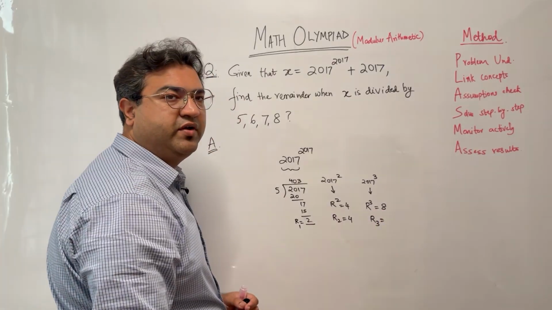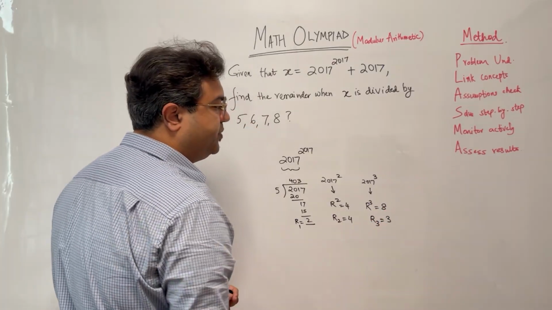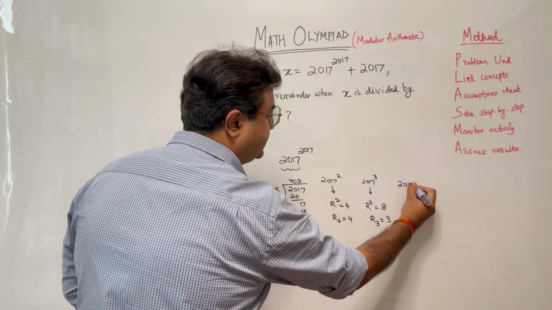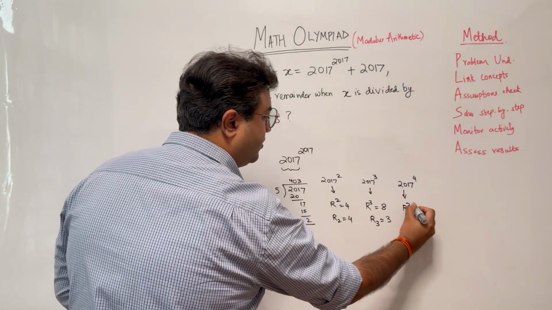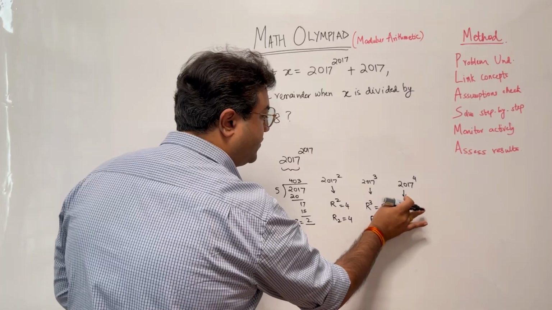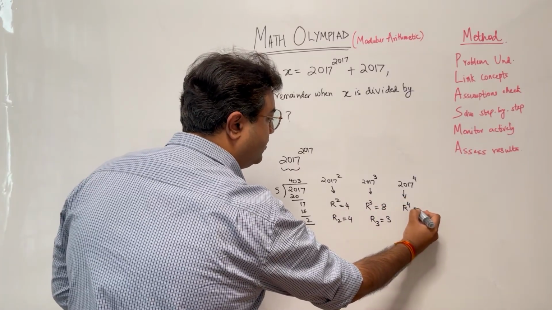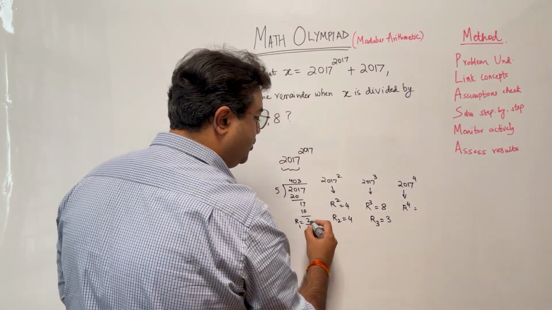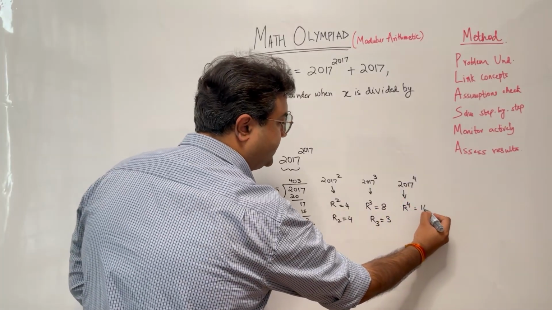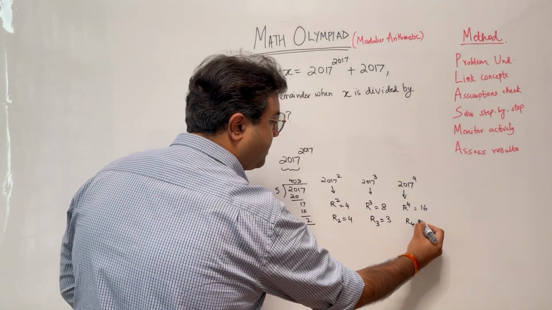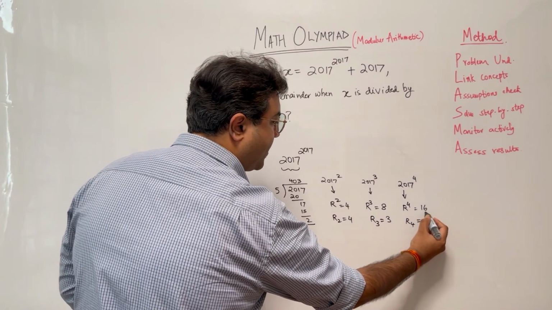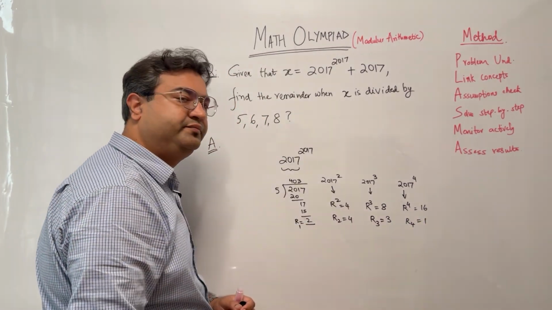When you divide 8 by 5, you will get 3 as the remainder. And then for 2017 to the power 4, we again do r to the 4, so that would be 2 to the power of 4, which is 16. When you divide this by 5, you will get a remainder of 1.